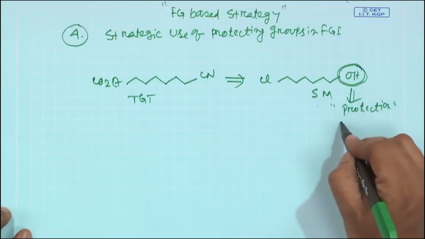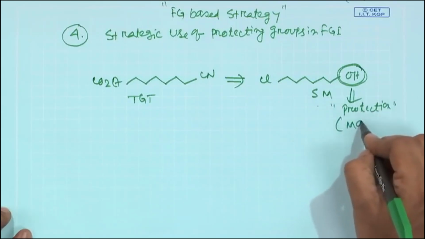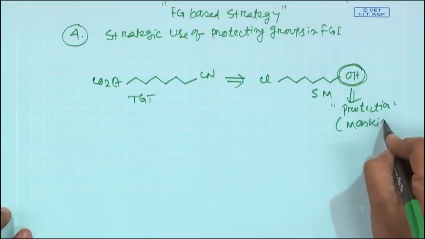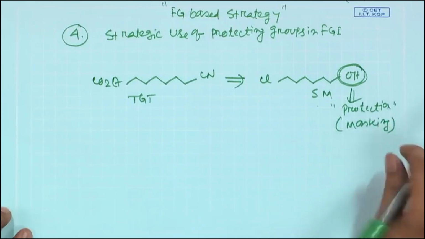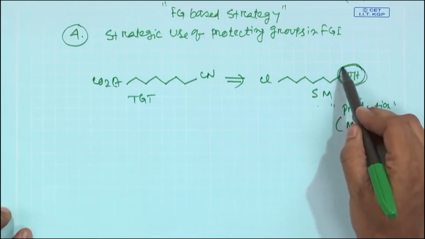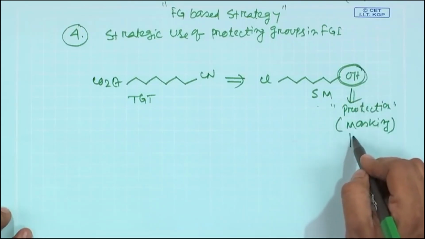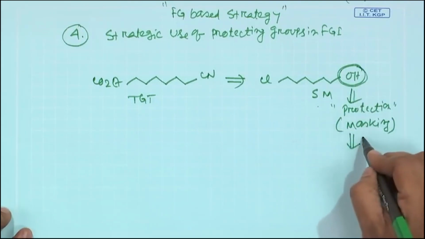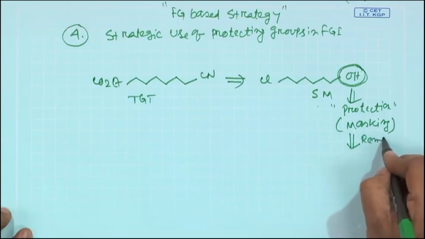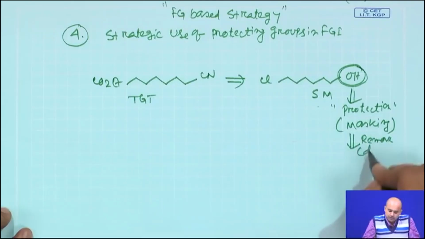In reality, a protecting group is basically a mask, called masking. You are masking the alcohol functionality with a protecting group, and once the synthetic transformation or FGI is done, you remove the protecting group, which can also be called demasking. This terminology sometimes helps.